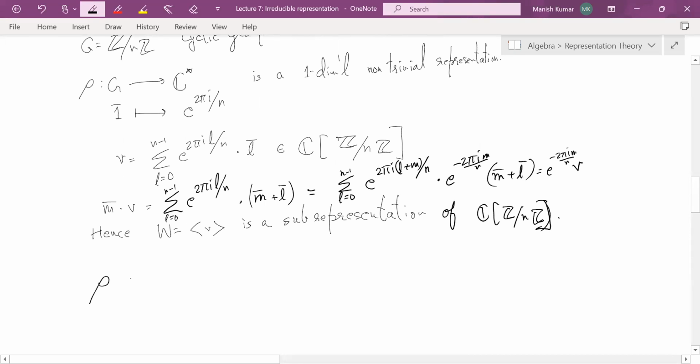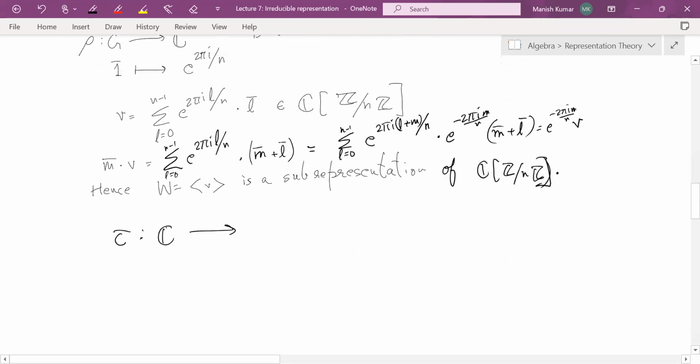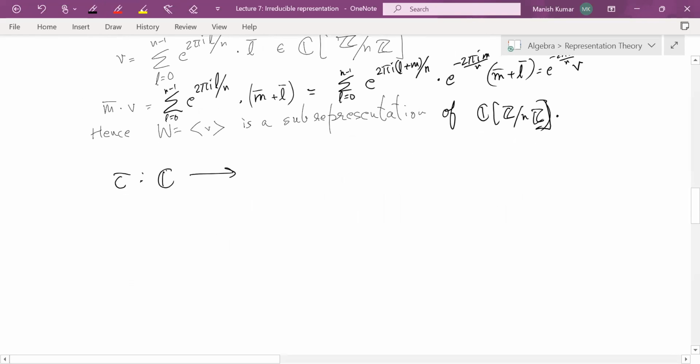Remember, the underlying vector space for rho is the base field C. So I'll give you tau from C to C[Z mod nZ].